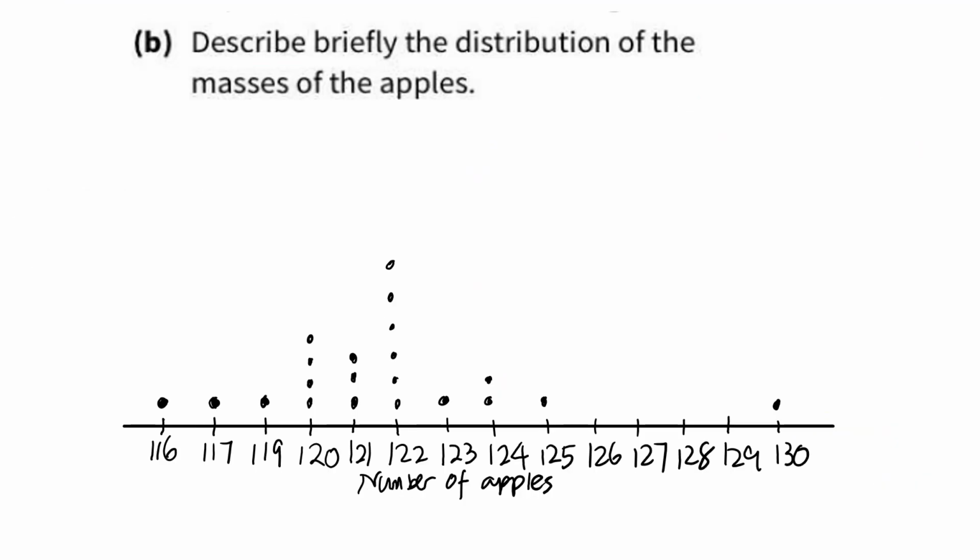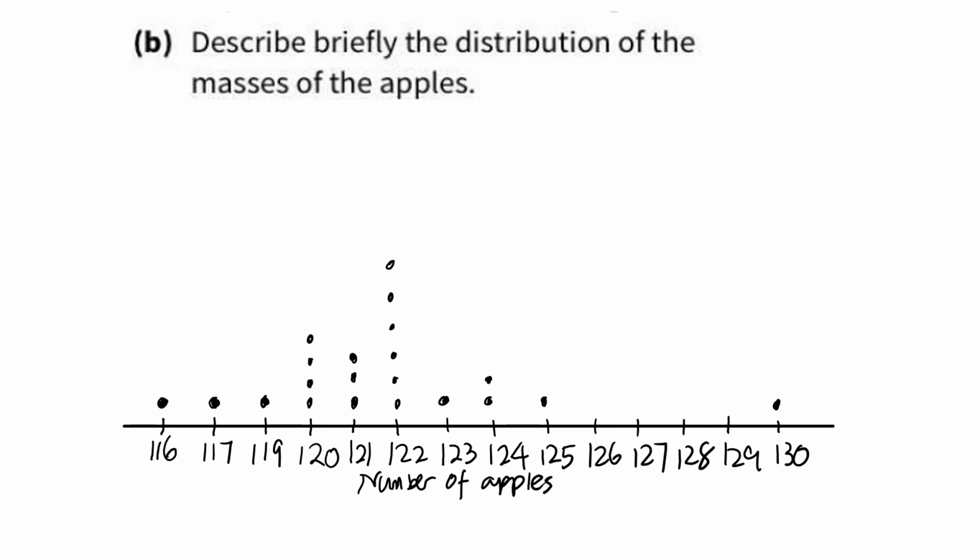Right, so after collecting the data and putting them on the dot diagram, we want to analyze the data. That's the reason why we collect the data. We want to analyze it so that we can make improvements or make decisions based on the data collected. So we are asked to describe briefly the distribution of the masses of the apples. If you look at the apples, they are not consistent.